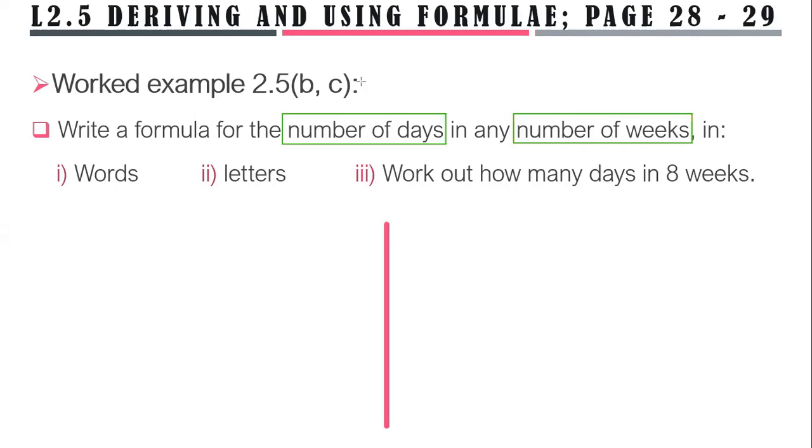How many days are there in 1 week, Amar? 7. How many days in 2 weeks? 14. How many days in 4 weeks? 28. How do you know that, Amar? What did you do? 7 times 1, 7 times 2. We multiply 7 by how many weeks? Excellent job, and that's the formula we're looking for.